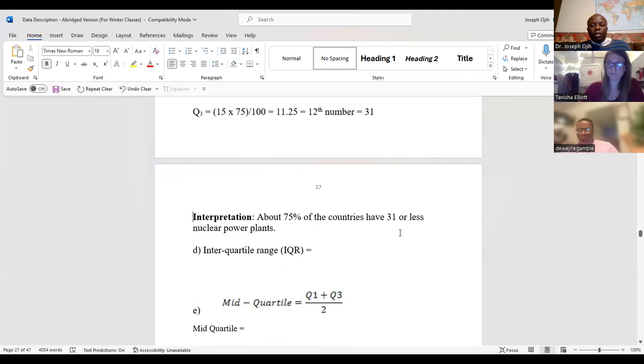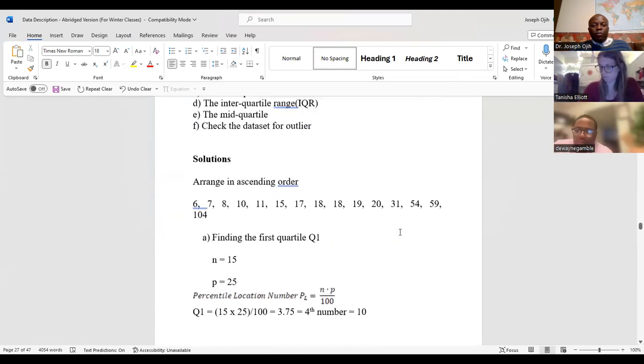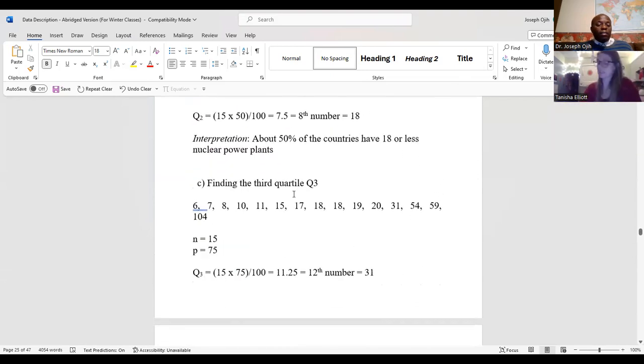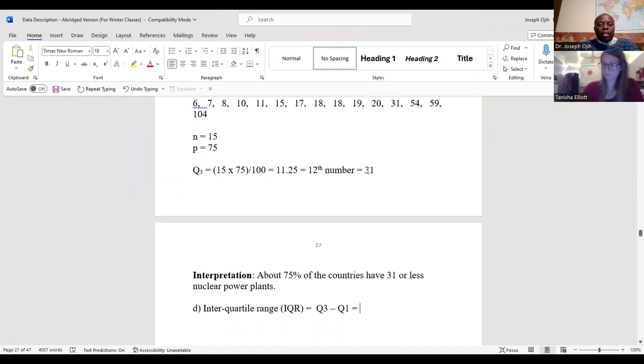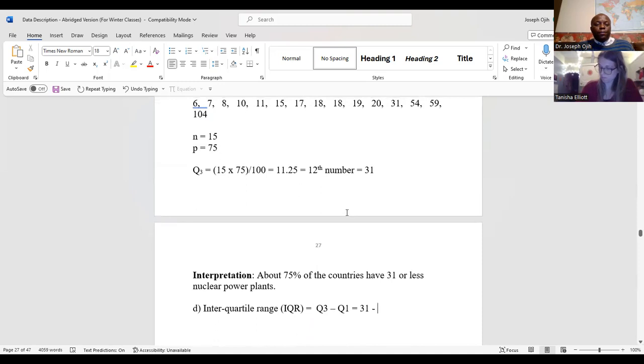Now, the question they ask on part D is to find the interquartile range, which is IQR. The IQR simply means the third quartile minus the first quartile. Q3 is 31, so I'm going to put 31 here, minus the first quartile.